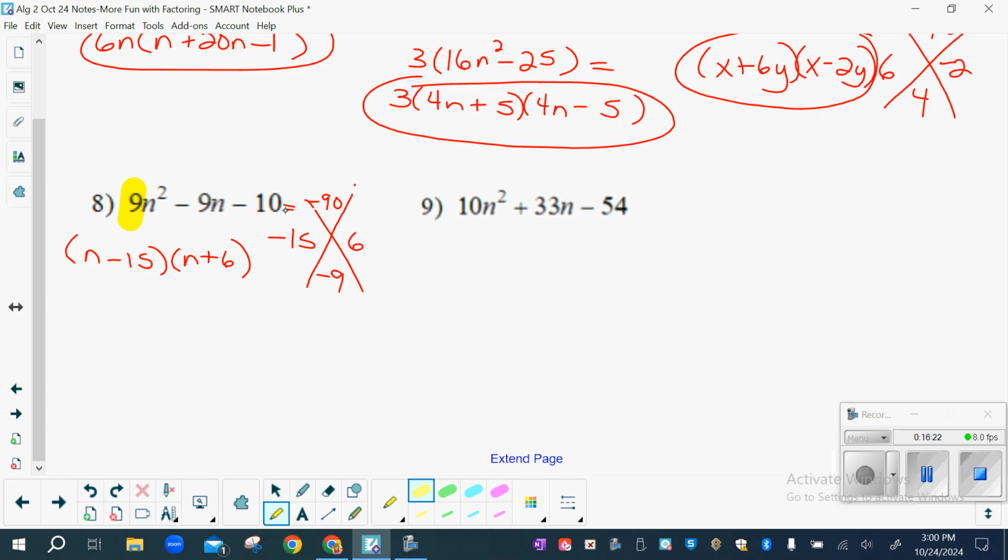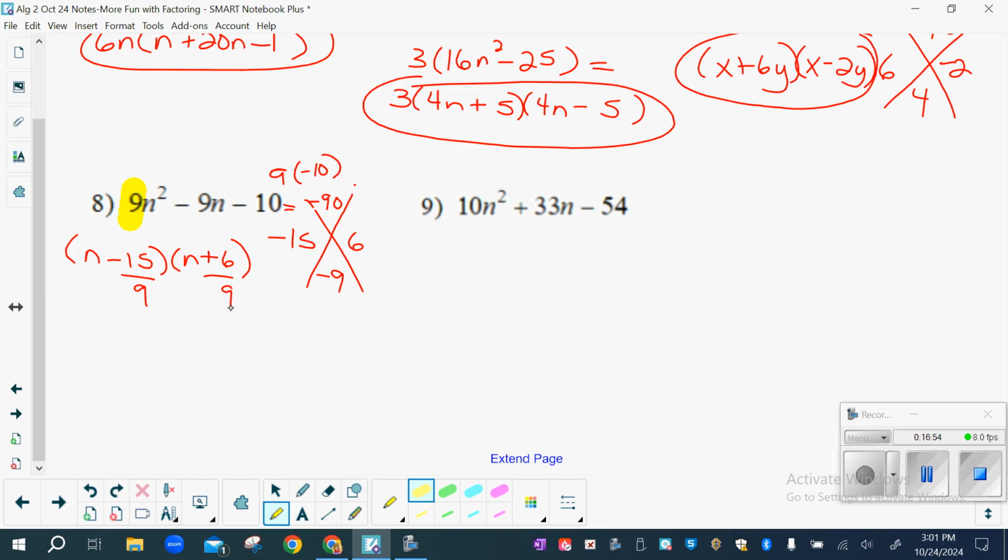So we had to multiply 9 times negative 10 to get negative 90. So what do we do with the 9? You're going to divide by 9. So unfortunately, once in a while this happens. It doesn't divide out of either one of them, does it? But both of them, are they simplified? You can simplify. So that's what we have to do, we have to simplify and slide.